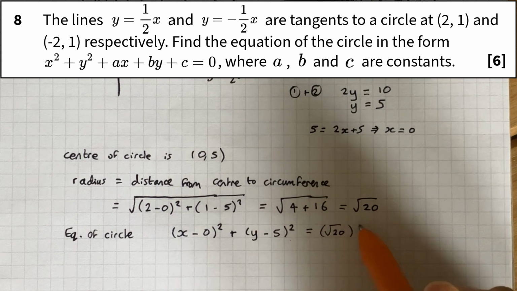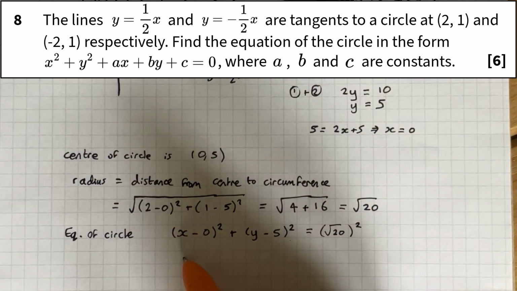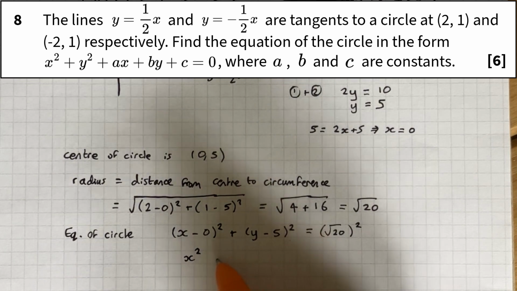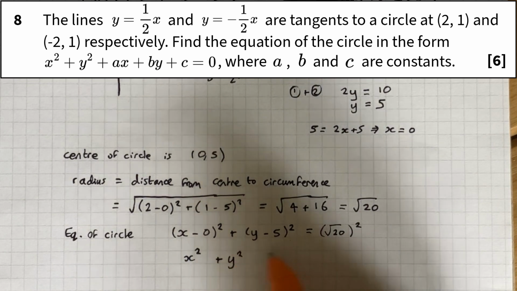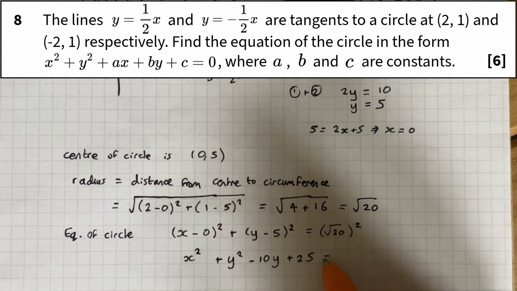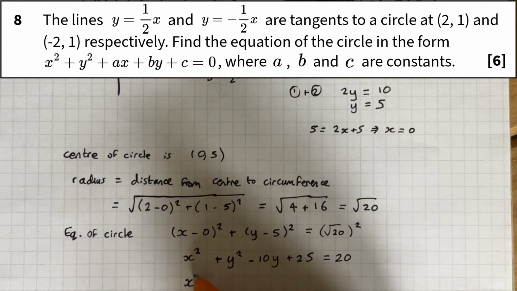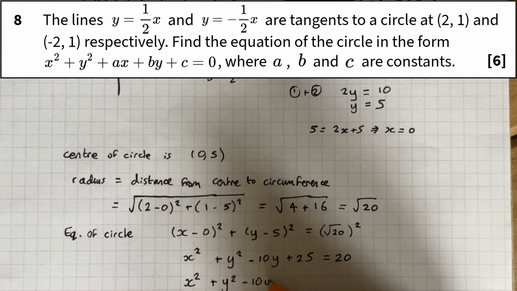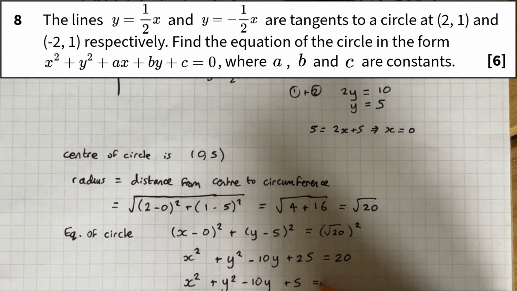This will be equal to root 20 squared, because it's r squared, radius squared. If I expand that bracket, I'm going to get y squared minus 10y plus 25. And when we square root, we just get the number underneath, 20. All that's left to do is to write this in the form that it wants. So we move the 20 over to the other side, and we get this. And this is our final answer for the full 6 marks.